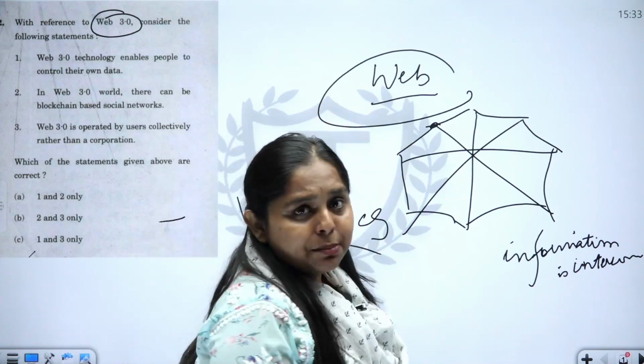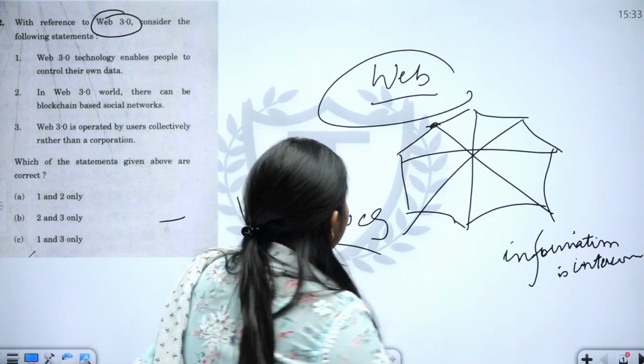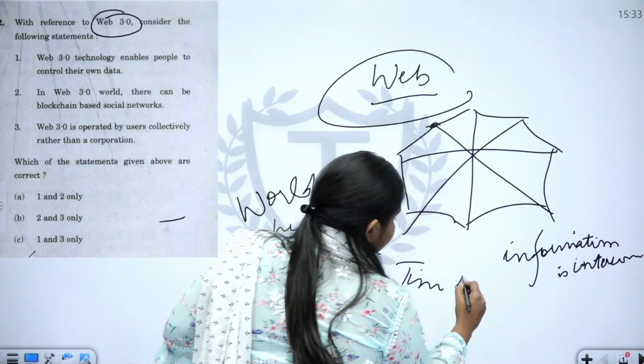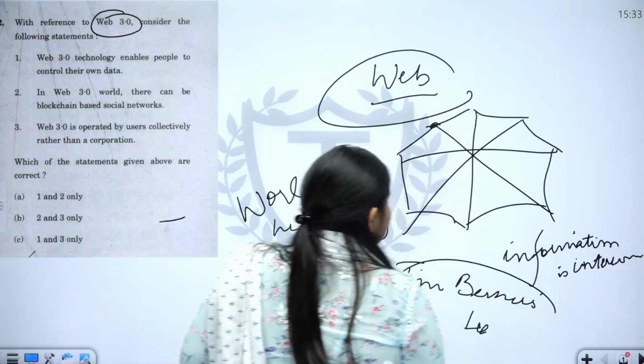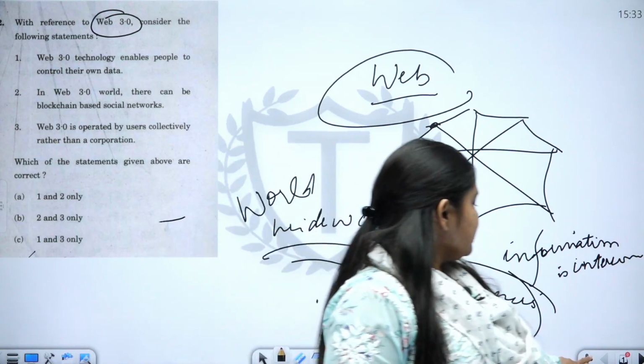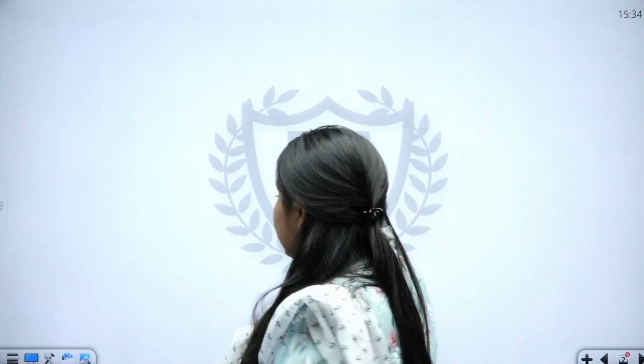Now this concept of World Wide Web was given by Tim Berners-Lee. Now this man, Tim Berners-Lee, was a visionary. He had a lot of things in his mind regarding this idea of World Wide Web.